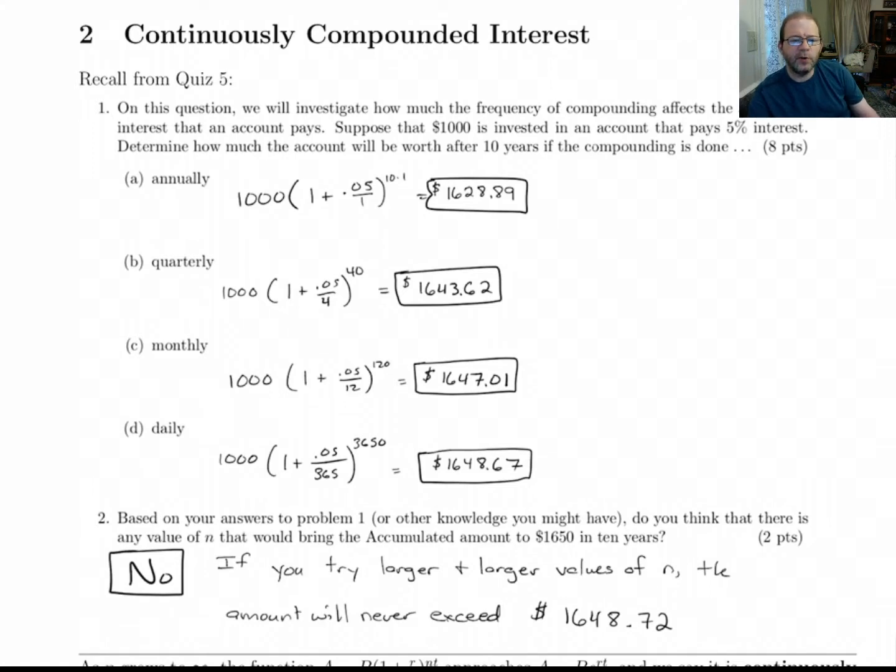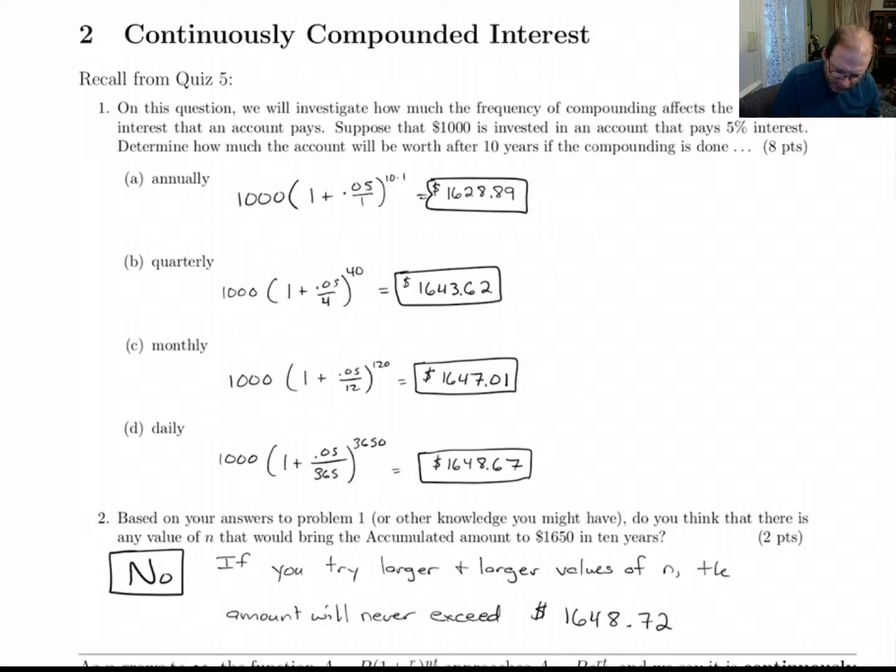The increase wound up getting smaller. Going from monthly to daily compounding made a difference of like $1.66, it looks like. So after a while, increasing the frequency of compounding doesn't really affect it much.